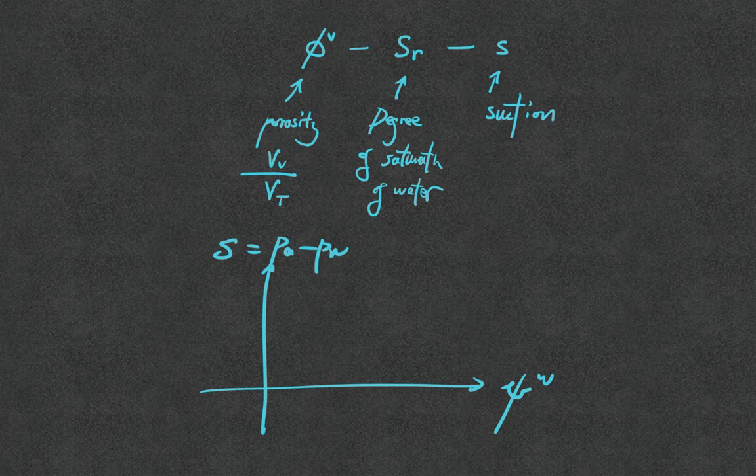see is the following. If you're trying to make the material dry, meaning I'm going to decrease the degree of saturation, the curve that you would usually see is like this.